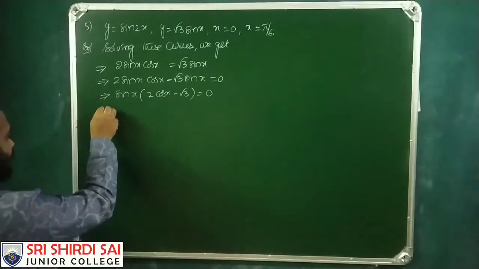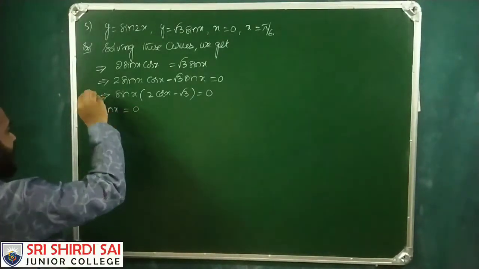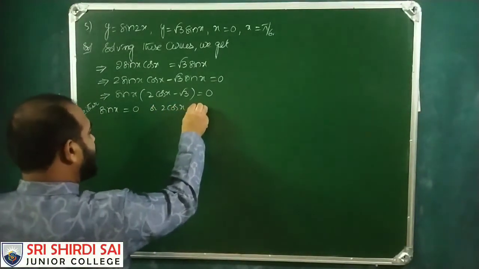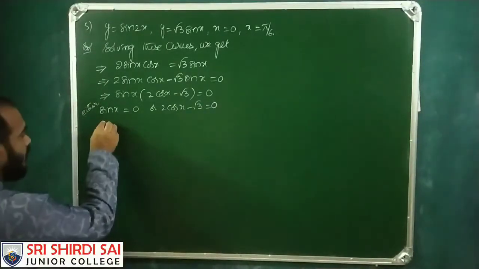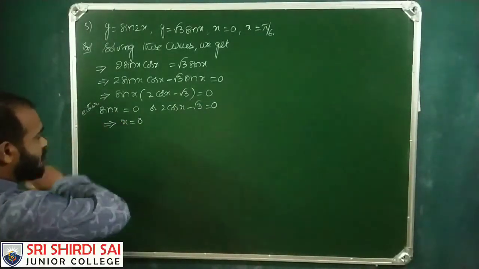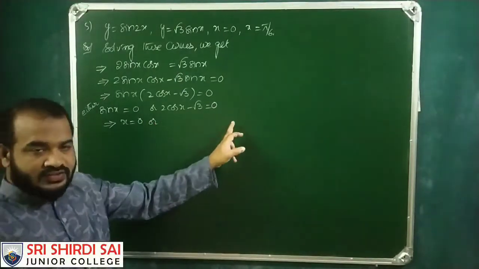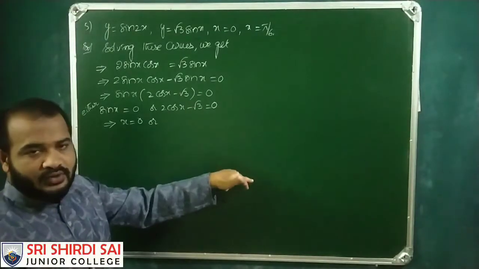Then either sine x equals 0 or 2 cos x minus root 3 equals 0. If sine x equals 0, x equals 0. Or 2 cos x equals root 3, cos x equals root 3 by 2.